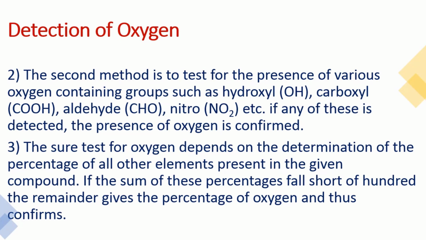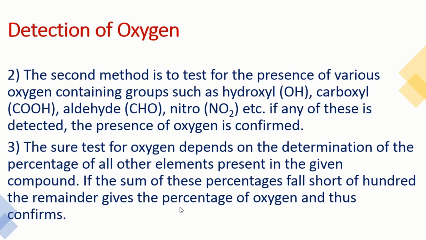Now the third method, which is the sure test of oxygen, is the determination of the percentage of all other elements. We find the percentage of all other elements, subtract their sum from 100, and we get the percentage of oxygen.